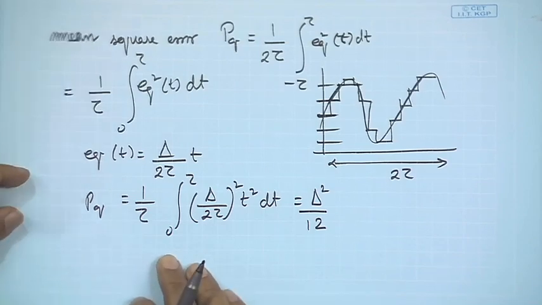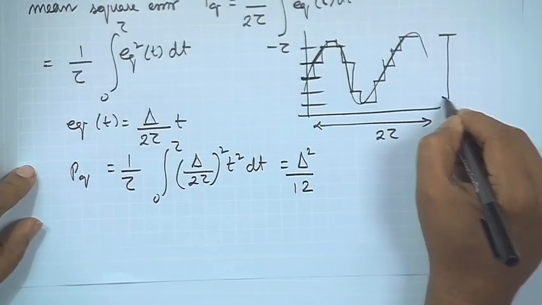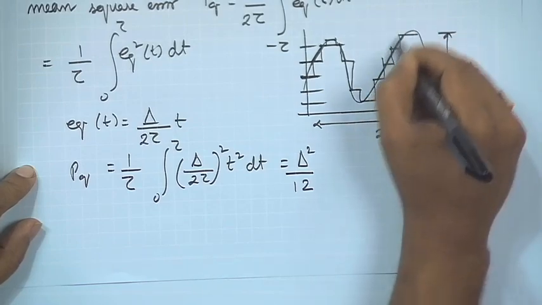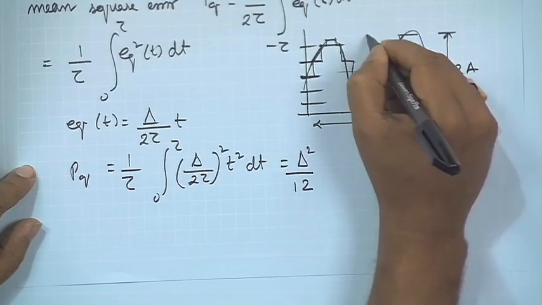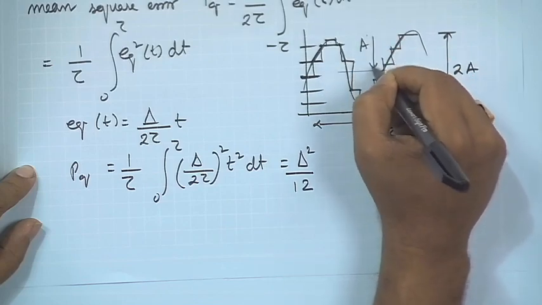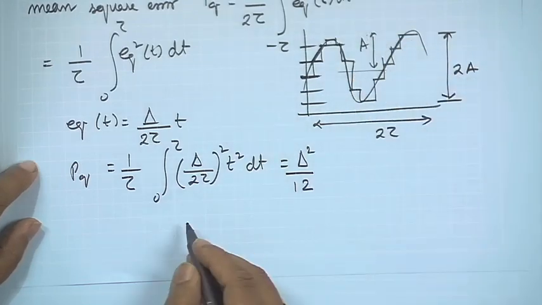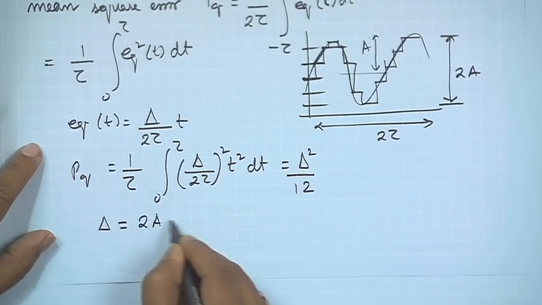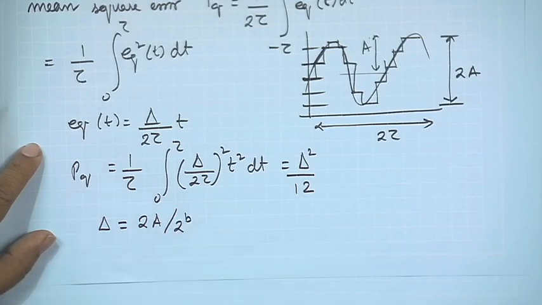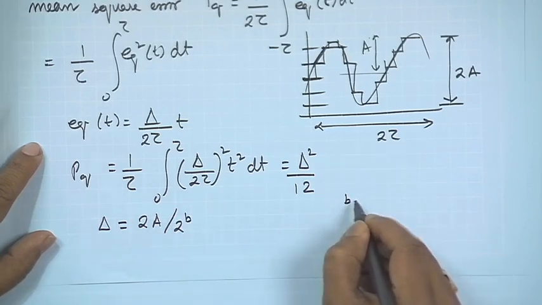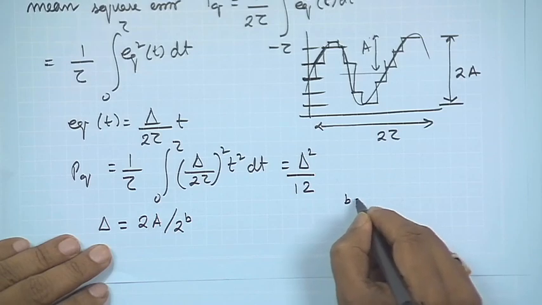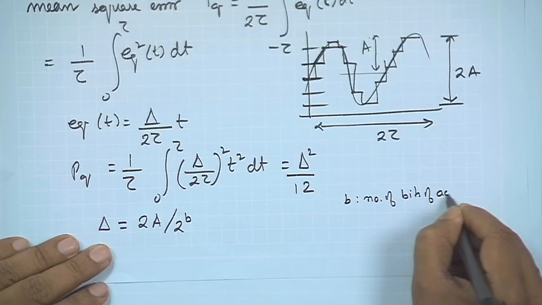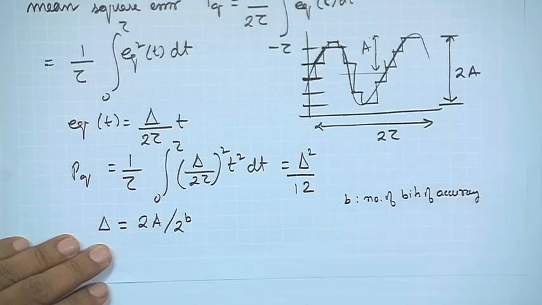Now, if we say that the range for a sinusoid is 2a, because this is the amplitude a, so this is 2a, then you could write that delta is equal to 2a upon 2 to the power of b, where b is the number of bits of accuracy required.